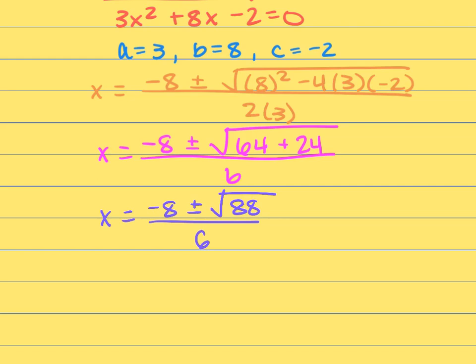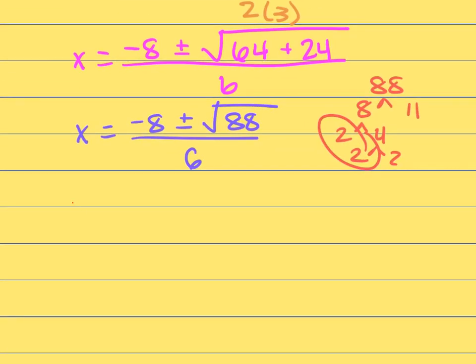From here, that 88 is 8 and 11, the 8 is 2 and 4, the 4 is 2 and 2, so that's 2 square root 22. So we're going to have x is equal to negative 8 plus or minus 2 square root 22 all over 6.